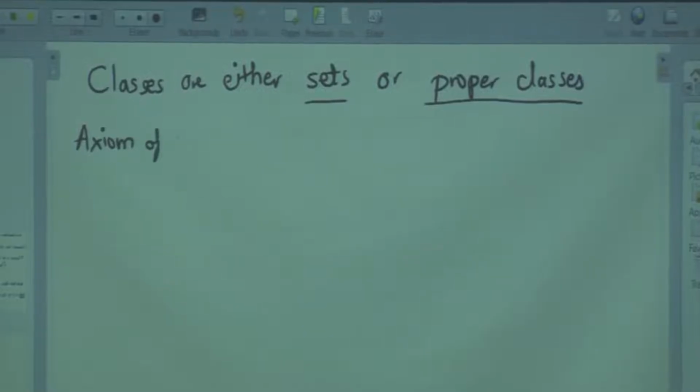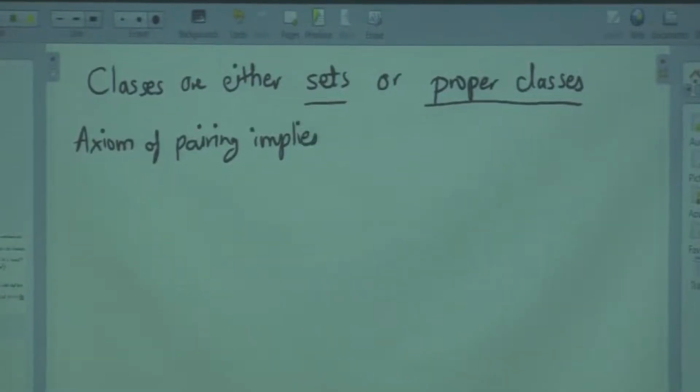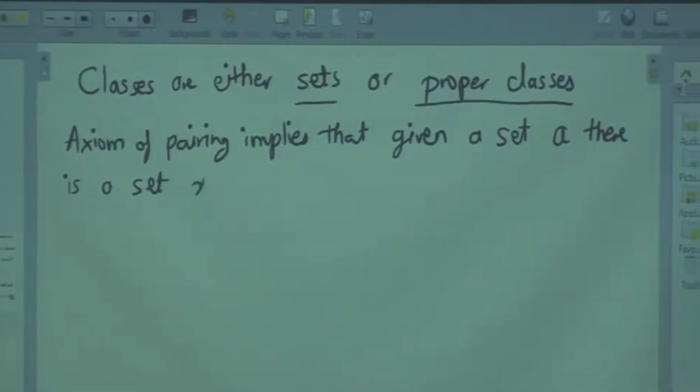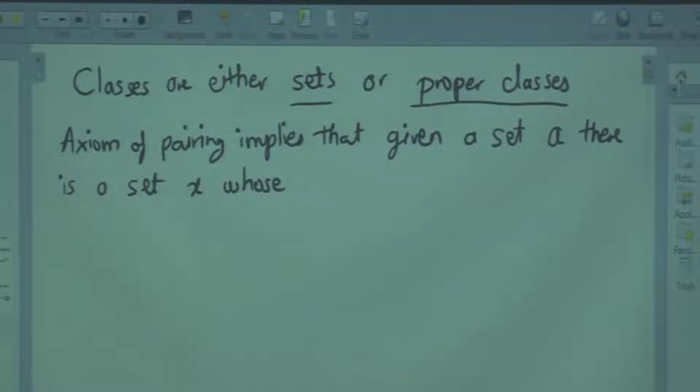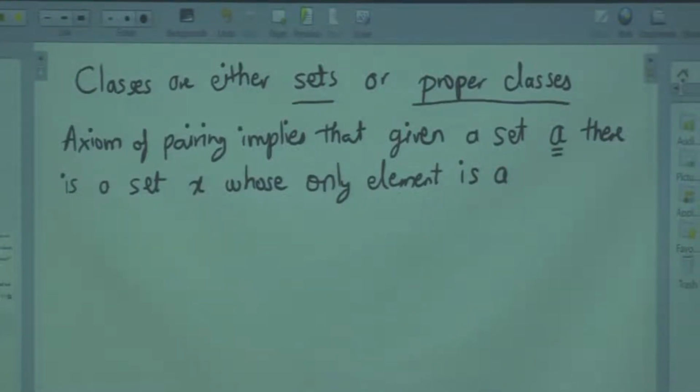The axiom of pairing implies that given a set A, there is a set X whose only element is A. Which means X is equal to singleton A. This is nothing new for you. That is, X is equal to singleton A.